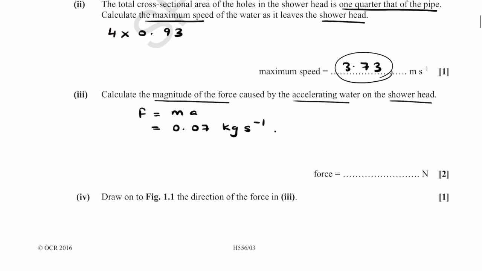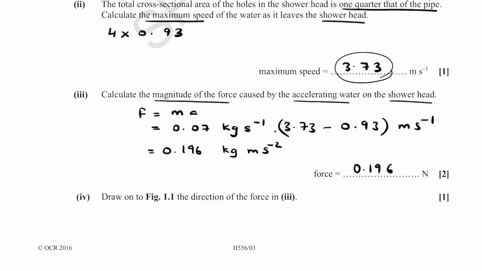Anyway, 0.07 times the difference in the velocities, so 3.73 minus 0.93 meters per second. You would probably appreciate how the units become kilograms meters per second squared in the end, as I end up getting 0.196 as my answer. So that's basically part III done.